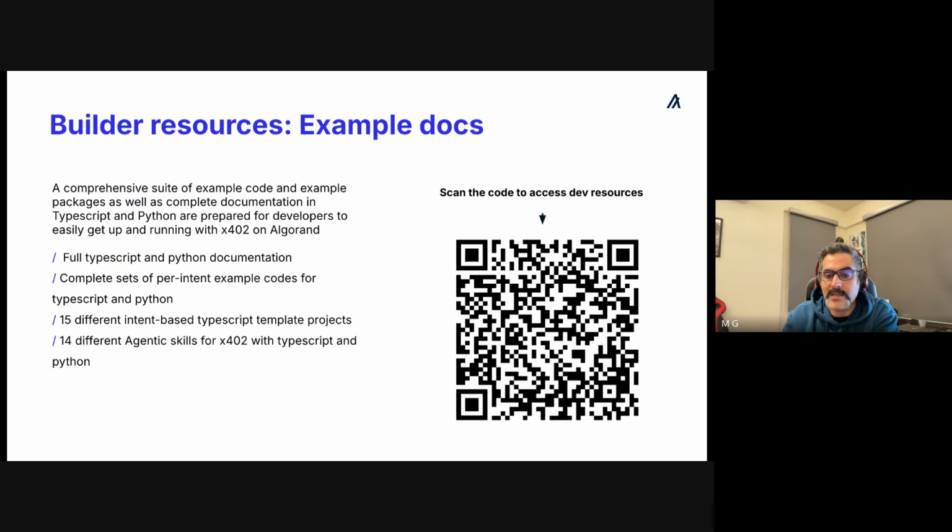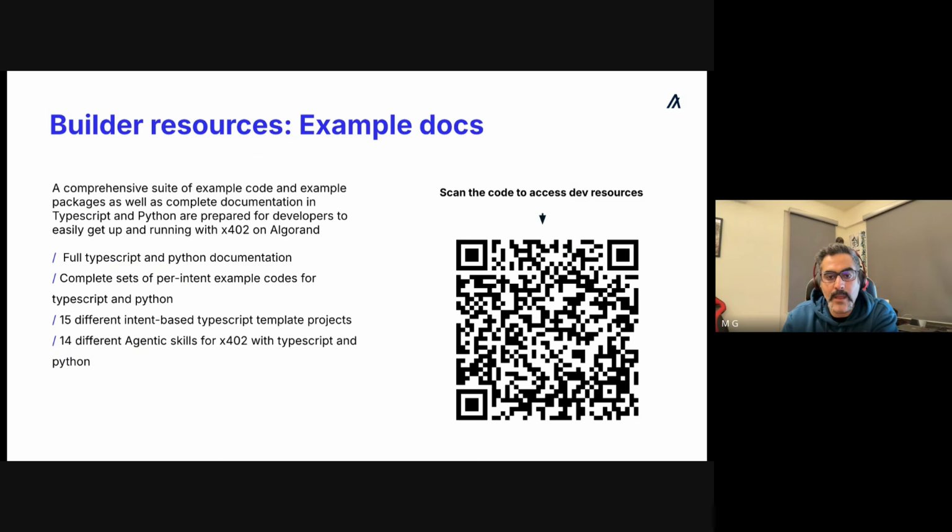Again, all you need to do is scan this QR code and it will take you to the actual GitHub repository, where all of the documentation and example code will be available for you. So please feel free to scan this QR code if you want to go there and find out what is available.